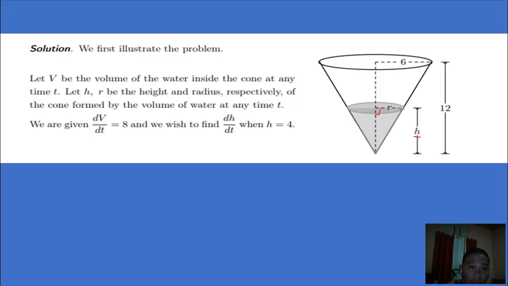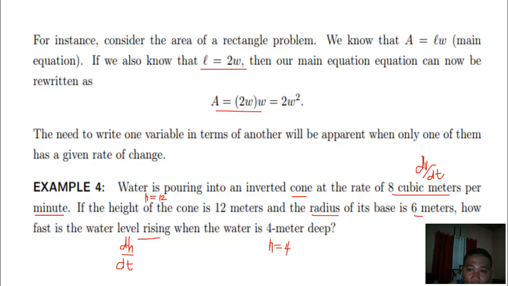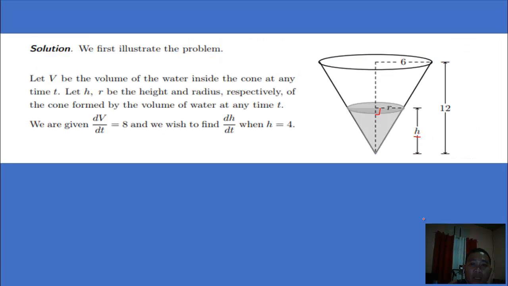The r here is radius ng water. Meron bang radius ang water dito? Wala. Ang sinabi dito, the height of the cone is 12 meters and the radius of the base is 6 meters. Meaning, this is 6, this is 12. Pero yung r dito is wala. Pero ito ay meron, which is 4. Okay?